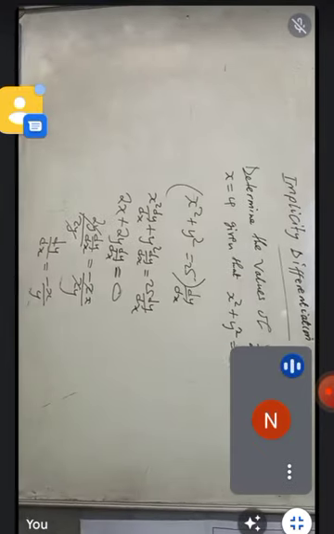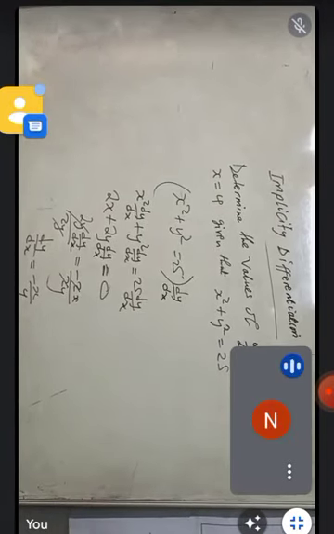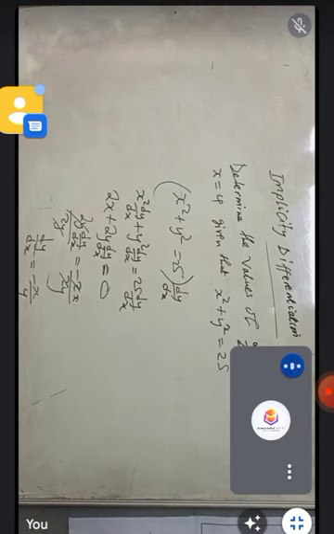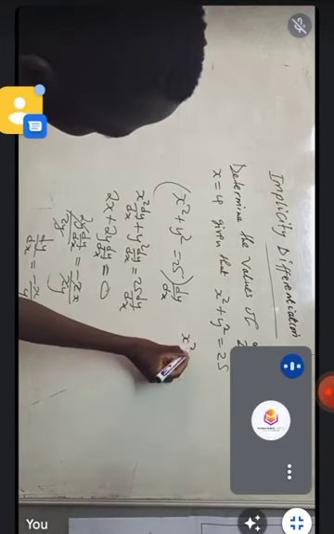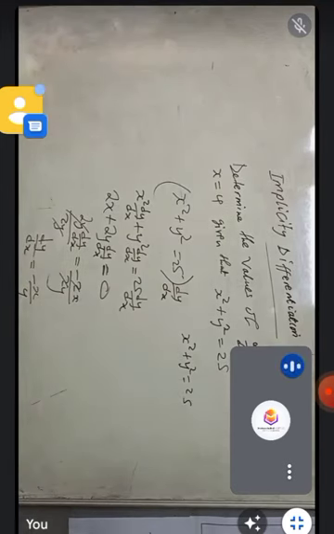I think you use the formula. Which formula? Value of y. Yeah. What are we going to use? x squared plus y squared. Then what are we going to do with it? Put 4.